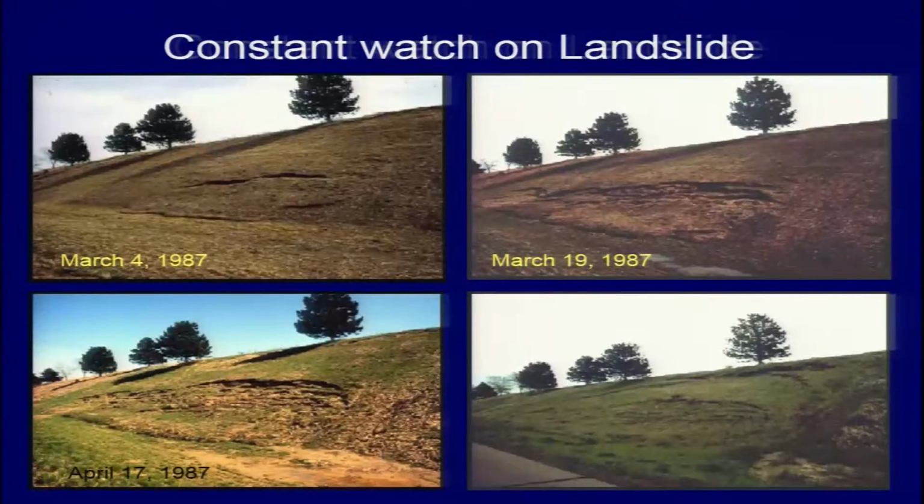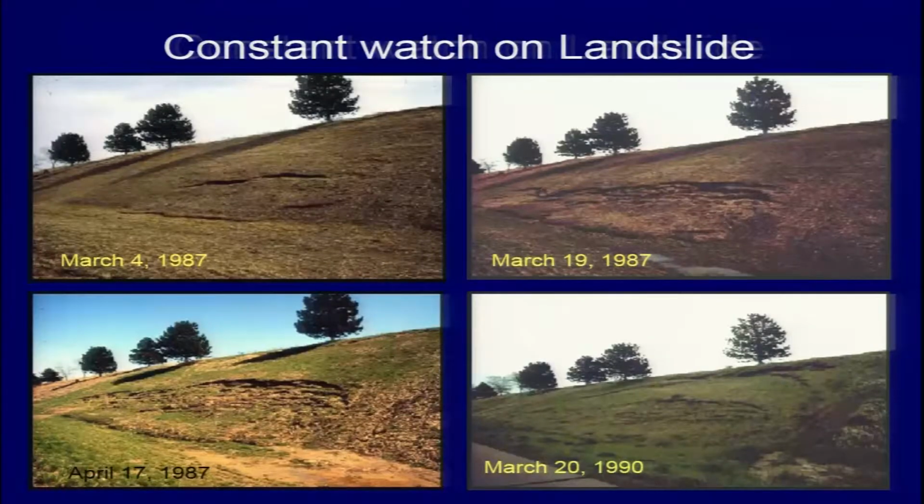Finally, it affected the upper part also, and this was in 1990. So almost, if you see, '87, 3 years later, the effect of the landslide has covered almost the entire slope.